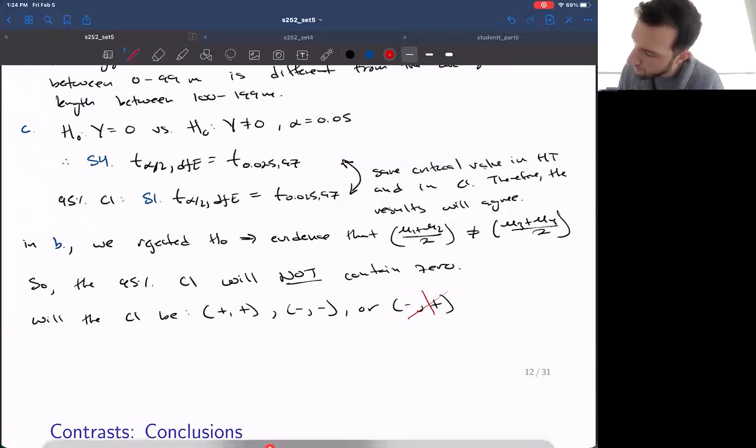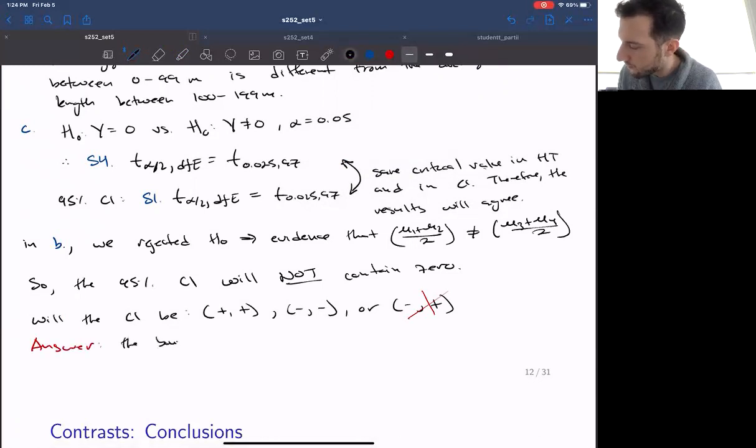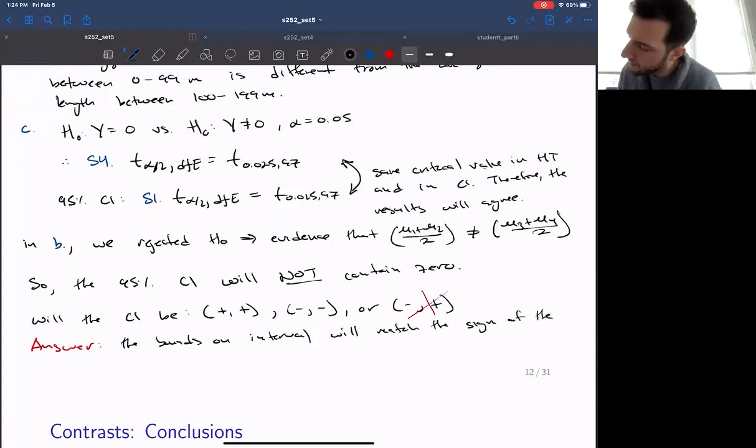Okay, so the answer: the bounds on the interval will match the sign of the sample contrast / test statistic.